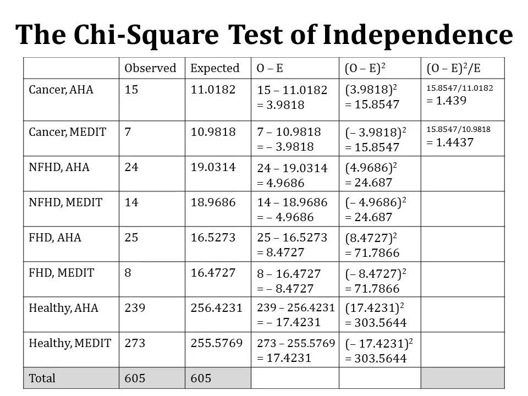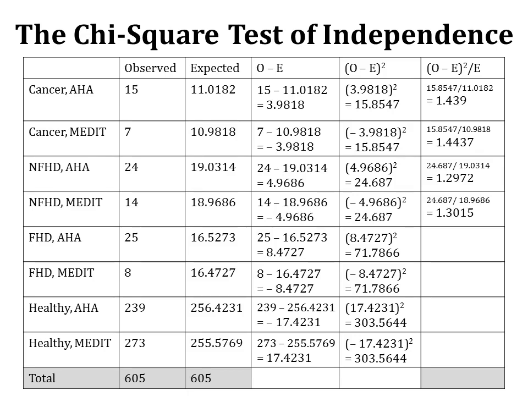Now we do the calculation for the next one. This is 15.8547, which is the square of difference between the observed and expected frequency of cancer cases on Mediterranean diet, and it is divided by the expected frequency of the same cell, and this is 1.4437. And then 24.687 divided by 19.0314, which is the expected frequency of the same cell, non-fatal heart disease on AHA diet.